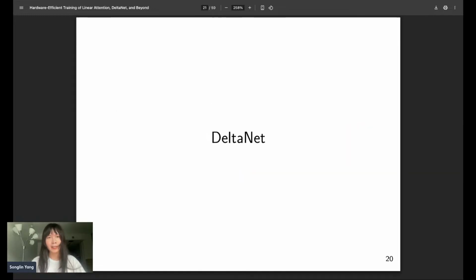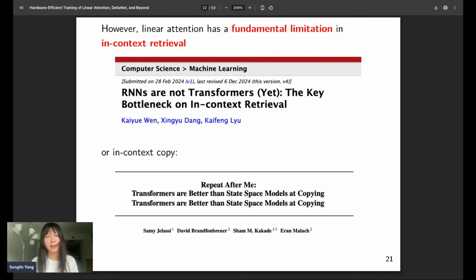Okay, now we are good with some basic optimization techniques of linear attention. However, linear attention itself has several performance issues, especially in in-context retrieval.